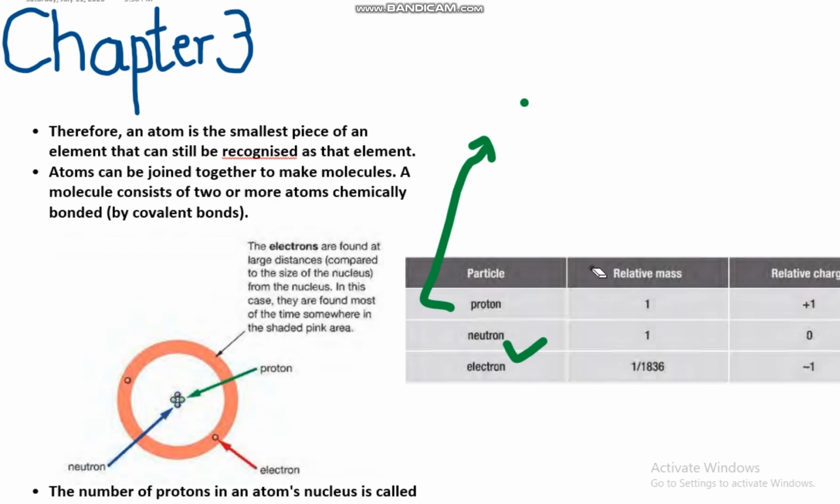So these electrons orbit around the nucleus. For example, carbon is an element. It has 6 protons and 6 electrons.